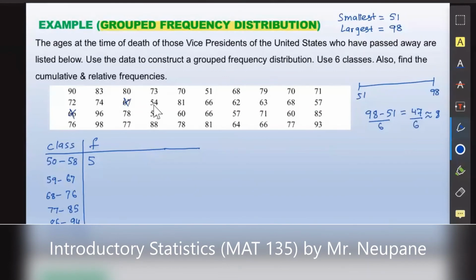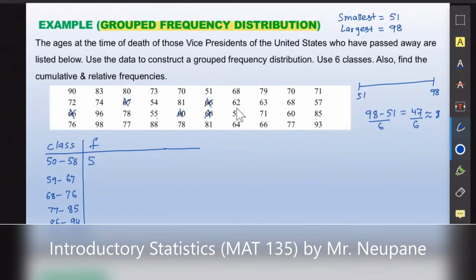Then any number here? No. Any number here? Yes, 60. Any number here? Yes, 66. Twice. 66, right? Very good.